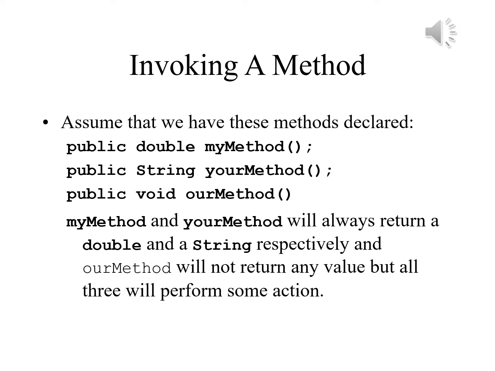Public double myMethod, public String yourMethod, public void ourMethod. MyMethod and yourMethod both will always return a double in the case of myMethod and a string in the case of yourMethod. ourMethod is a different story. The data type listed here is void. Void methods do not return a value, but all three of these will perform some action.